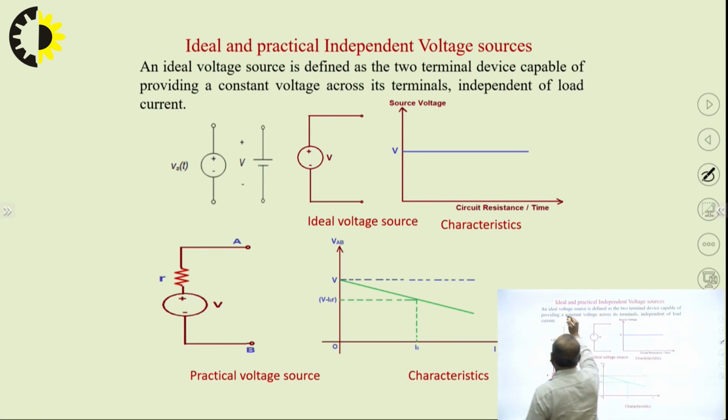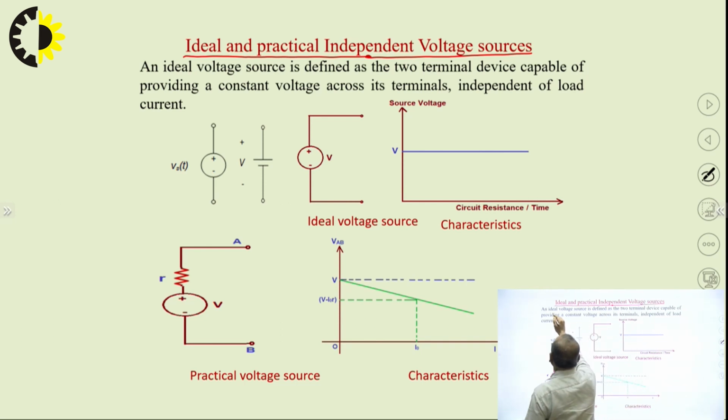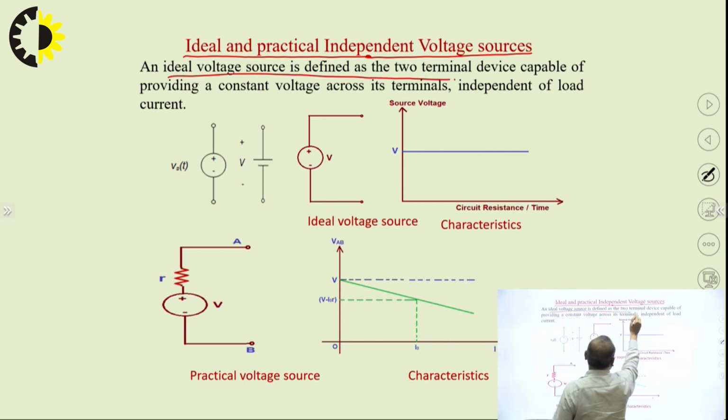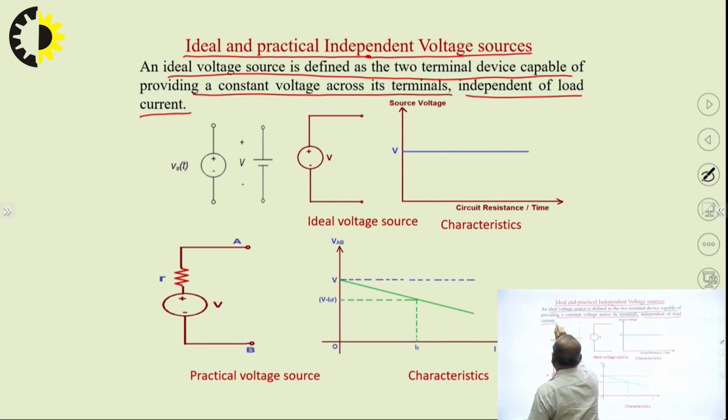So, what is an ideal voltage source? It is a source which has two terminals and it provides a constant voltage across its terminals, which is independent of the load current. That is a property associated with an ideal voltage source.